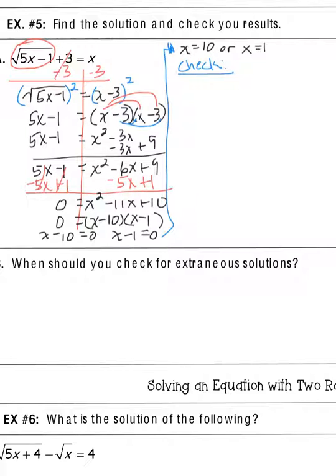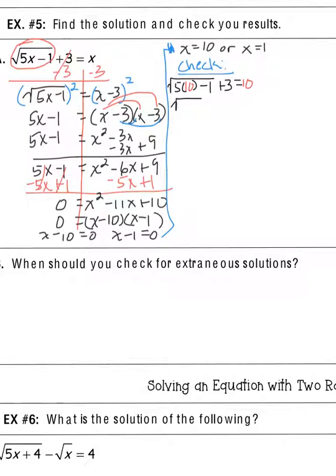So for 10, I'm just going to plug it into the original problem. So we're going to plug 10 in here, and then there's also another x out here.